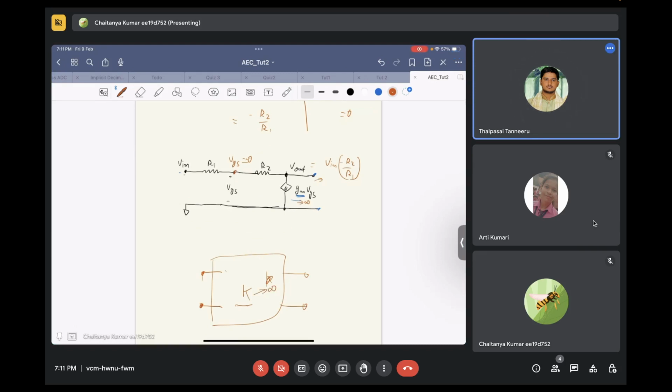If there is any disturbance, any input given to the system, what will be its output? If the gain is infinity and you give any non-zero input to this circuit, what will be its output?